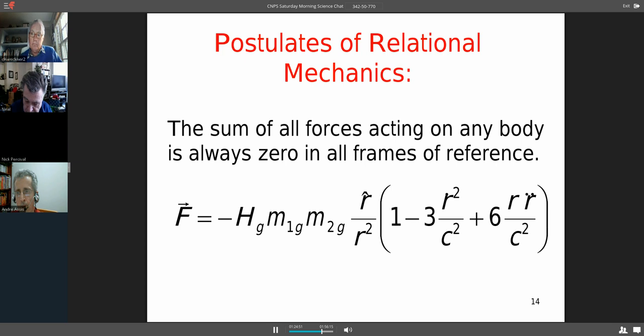Somehow to get back to F equals ma and Newton's formula of gravity, where force depends on masses. On the other hand, acceleration does not.